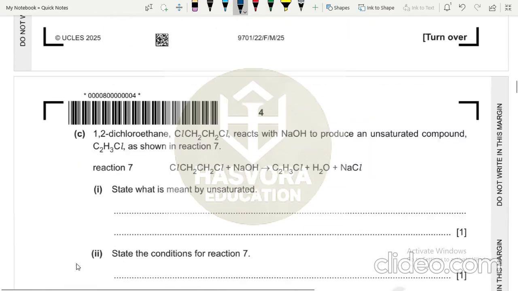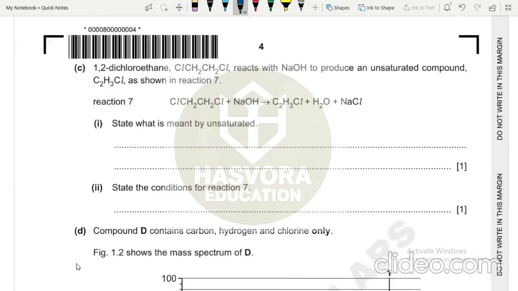Let's move on. C part says 1,2-dichloroethane reacts with NaOH to produce an unsaturated compound. So the hint they are giving us with the word unsaturated compound is that it is reacting with the NaOH. So what the NaOH is doing here is eliminating one of the Cl here and forming a double bond.